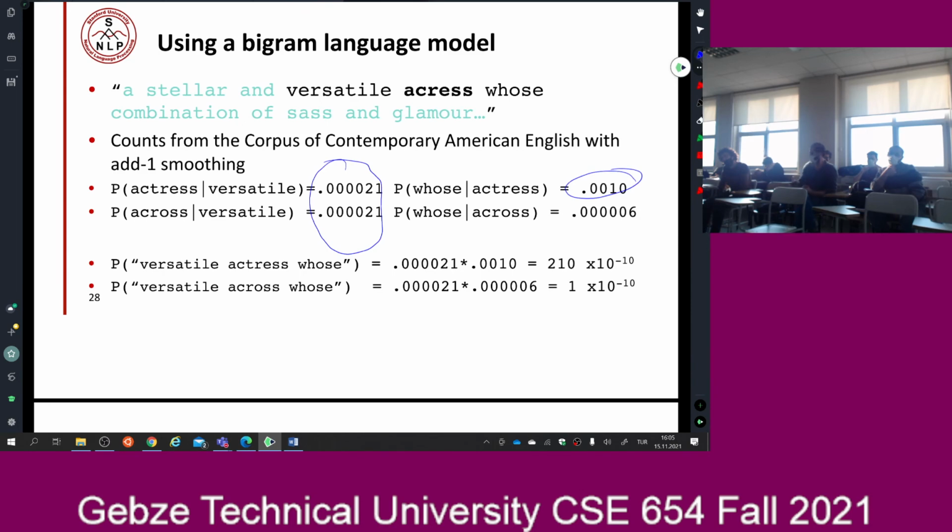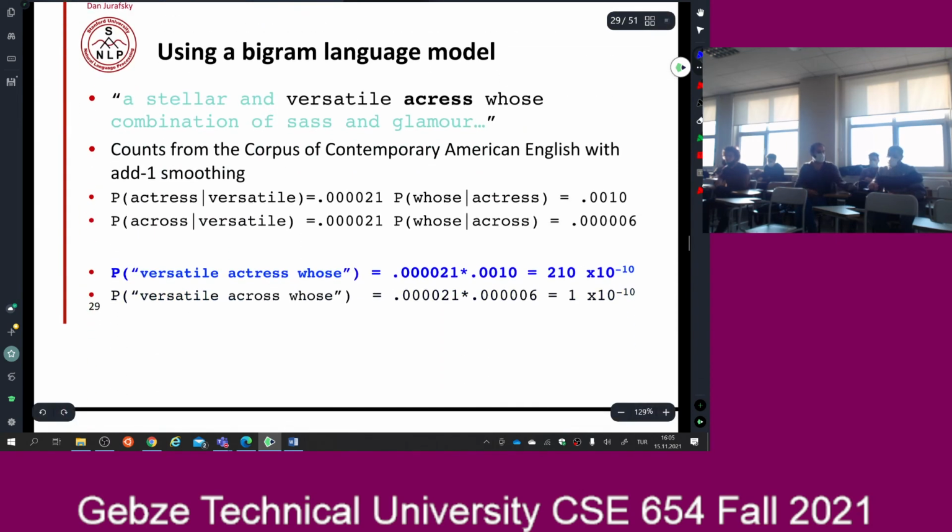You say this language model, unigram or bigram or trigram language model, produces 60 correct results out of 100, and the unigram model produces only 50, so this one is better than the other one. You can say that. Good. So we have chosen this one.